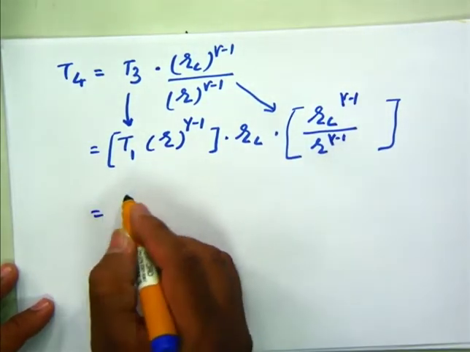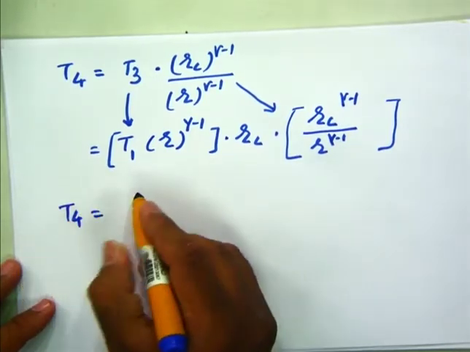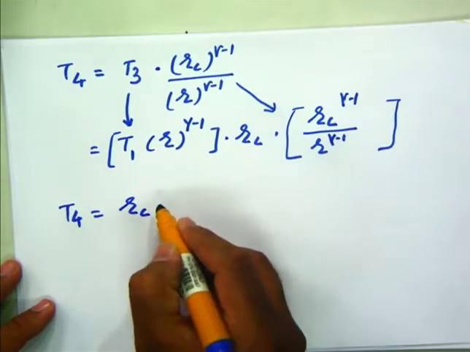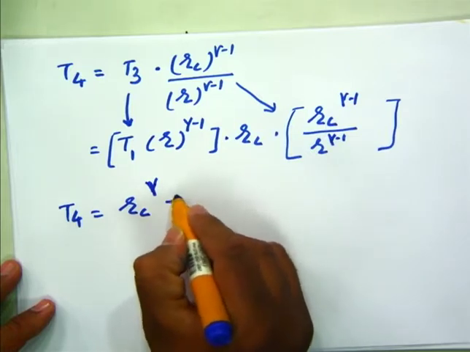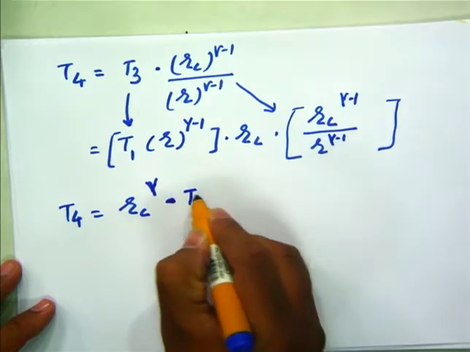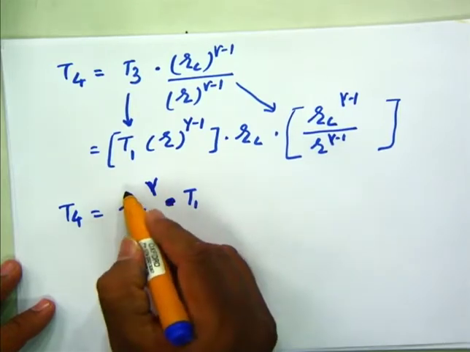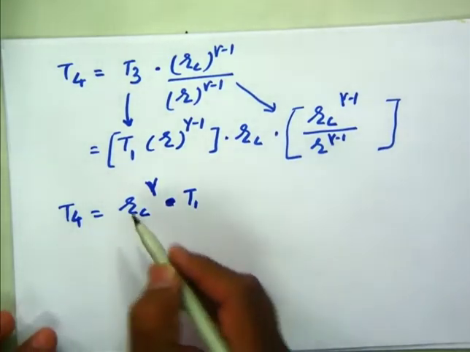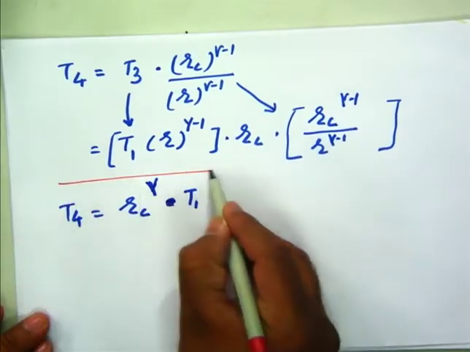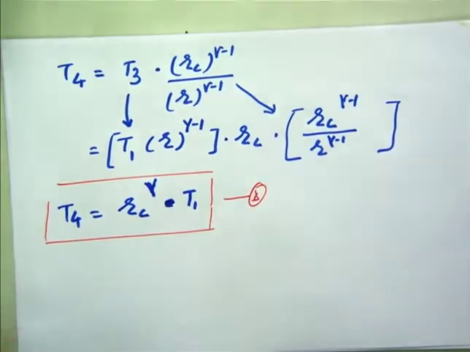By simplifying, you will have T4 is equal to RC, the cutoff ratio, raised to gamma multiplied by T1. Let us say this equation for the value of T4 is equation D.